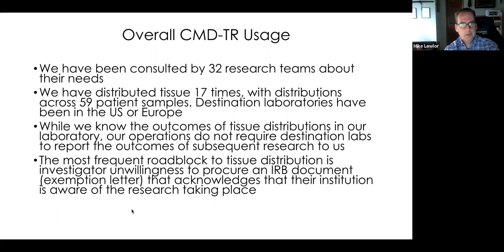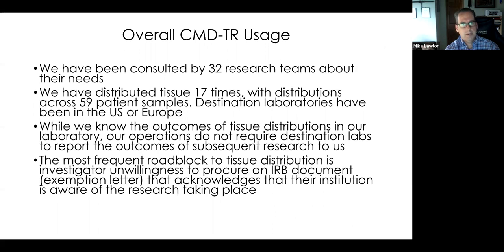With respect to when people ask for the tissue and it doesn't result in a distribution, I'd say the most common thing is that they request either tissue that we don't have, or they produce a request for the tissue, and we say, okay, you need to do this minimal amount to demonstrate that you have ethical oversight for the use of human tissue, which is about a couple hours of work to submit to their IRB and then wait.